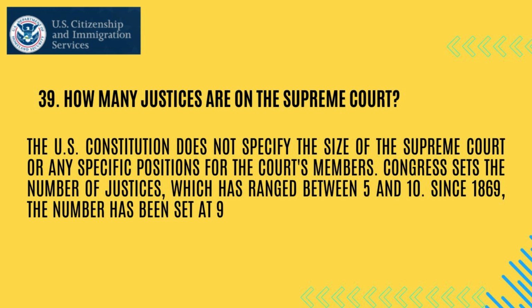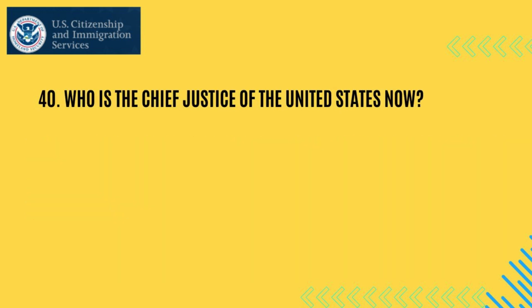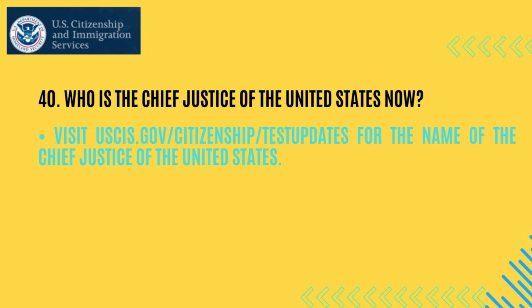Since 1869, the number has been set at 9. 40. Who is the Chief Justice of the United States now? Visit uscis.gov/citizenship/test updates for the name of the Chief Justice of the United States.